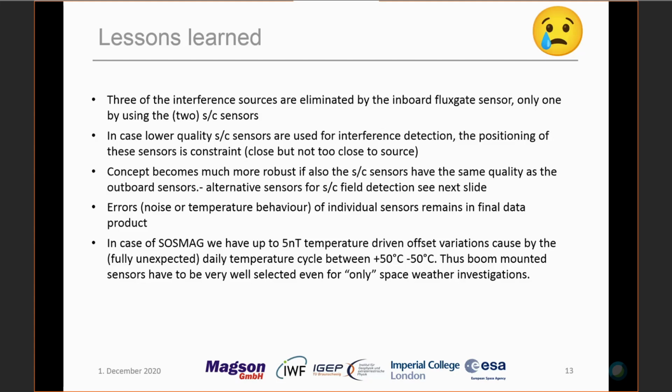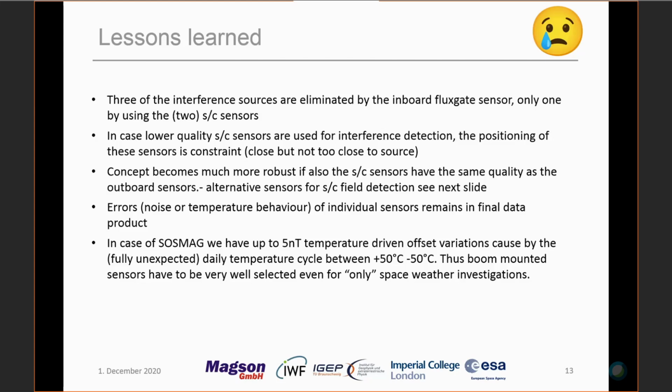So, the quality of the corrected data will be increased if the spacecraft sensors also have the same quality as the boom-mounted sensors. Each measurement error, each noise, each temperature behavior or temperature dependency remains in the final data product.